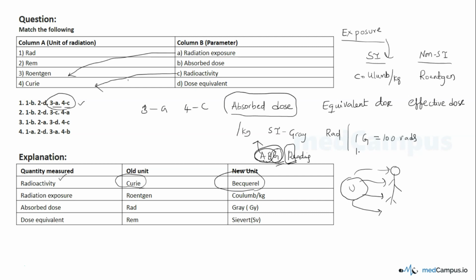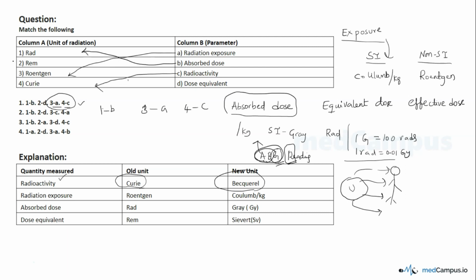So it goes without saying 1 rad is equal to 0.01 Gray. They might not ask questions on this, but it is important for you to know. So here, in this question, absorbed dose is measured in non-SI units, that is rad. So option 1, the answer is B.